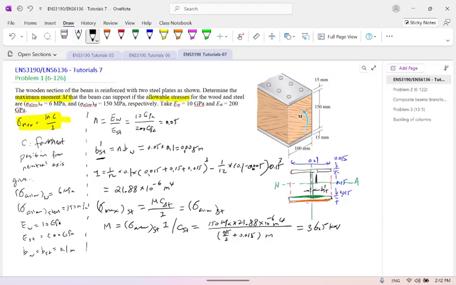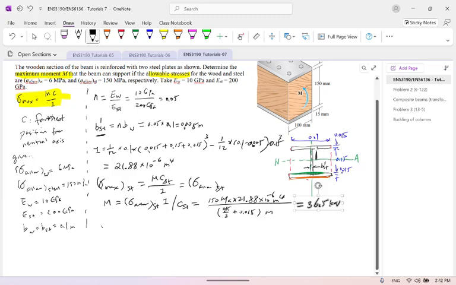So for wood, we do the same way. So sigma max prime for steel, remember, this is not real, should equal to n c prime steel divided by I. That's for the green color, for the wood parts.